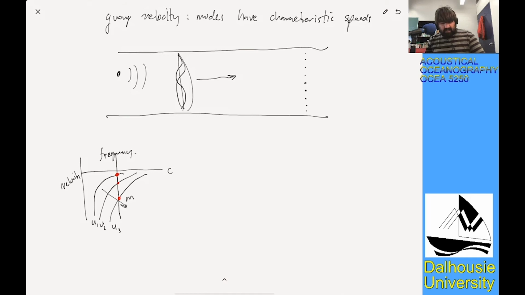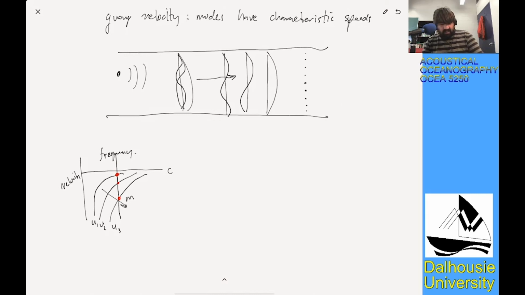And so as the signal propagates in range, you're going to have the first mode, which has the fastest group speed, then the second mode, and the third mode, just as we've drawn here.